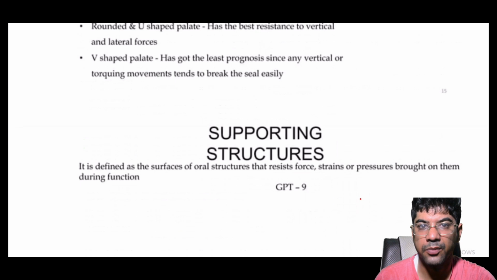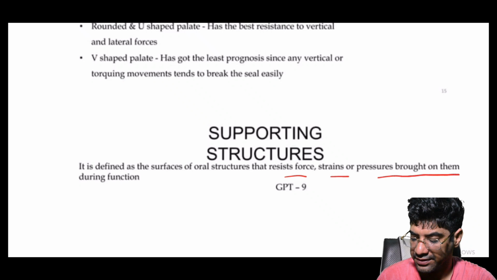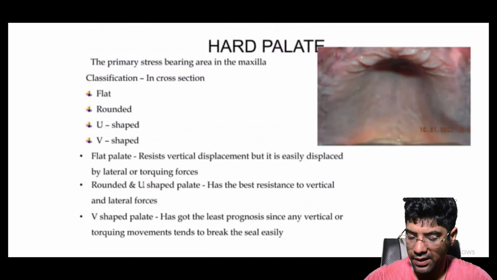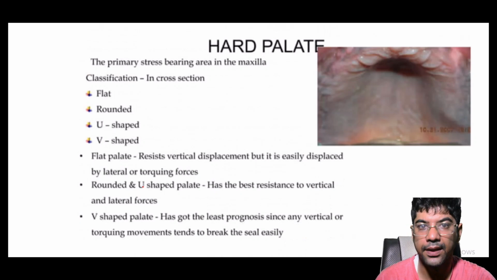Now let us discuss the supporting structures. Supporting structures resist forces, strains or pressure brought on them during function. First comes the hard palate. The anterior palate, we know, is formed by the palatal shelves of the maxillary bone and horizontal plates of the palatine bone.